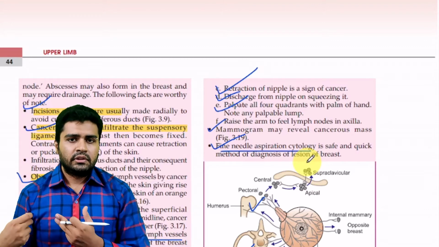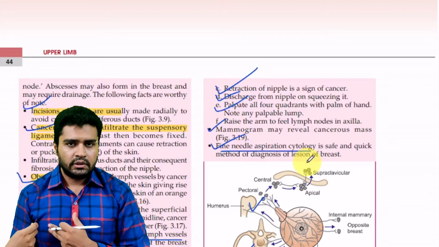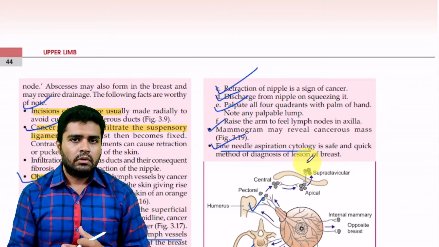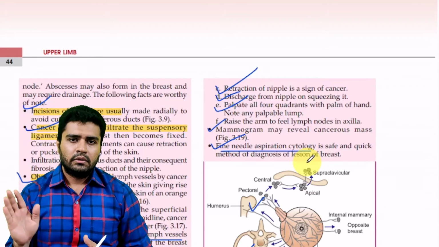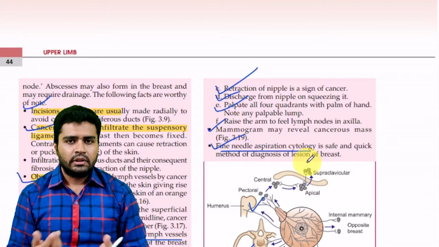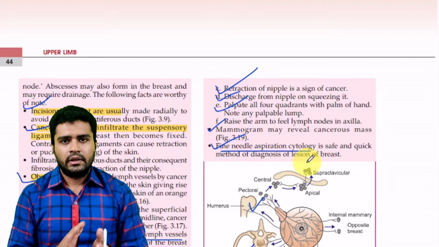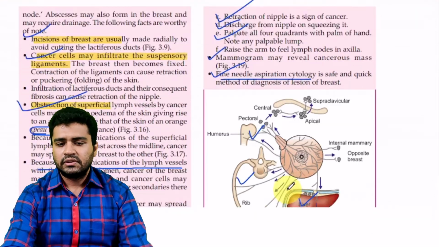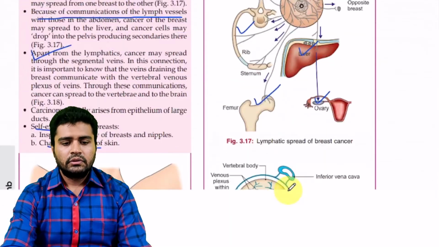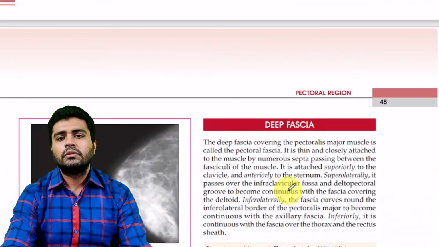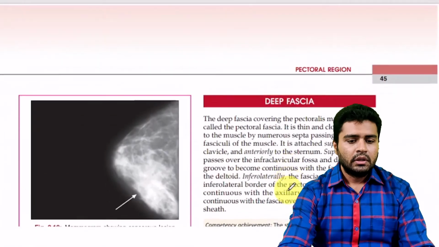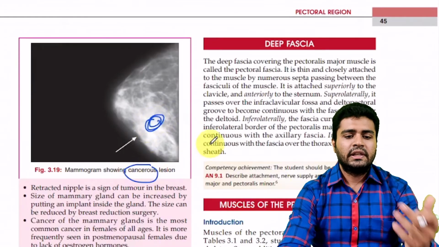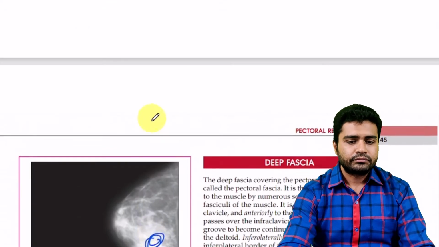If the material doesn't come, we take out the needle, pass it into another part of the breast, and then take out the material and mostly send it to the pathology laboratory. They put that material onto a slide and stain it and see the different cells, whether cancer cells are present or not. It is also an important method to diagnose carcinoma. Here, in the mammogram of carcinoma, calcification is visible.